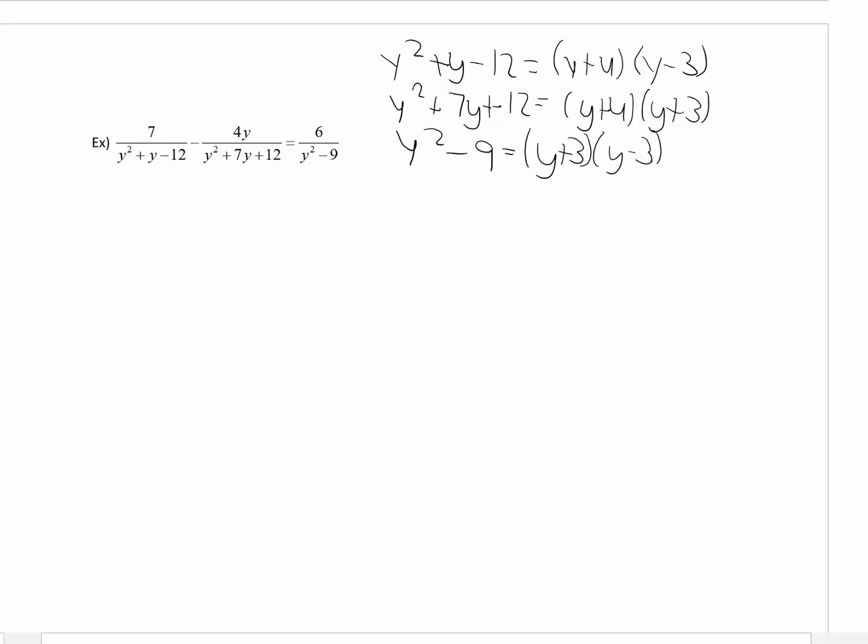Okay, so I'm going to write out the LCD first. Okay. So the LCD is y plus 3 times y minus 3 times y plus 4.